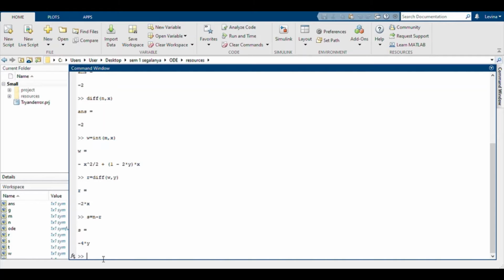Next, t as integration of s in terms of y. Then to get the final answer, we let g equals to w plus t. This is the final answer of the exact differential equation. Here we can see that we get the answer same as in the manual calculation.